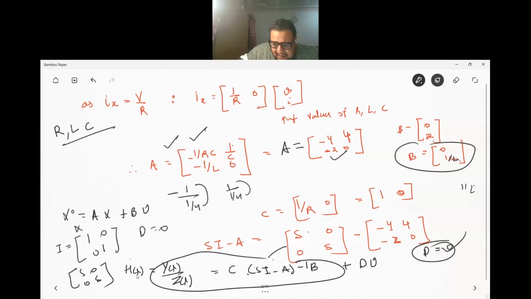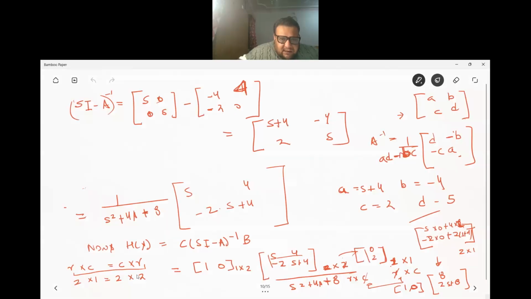First I have to calculate sI minus A. This value comes out to be 0 minus of minus 4, so S plus 4 will come. Then the second, 0 minus 4, so minus 4. Then the third value, 0 minus of minus 2, so 2. S minus 0, so S will come. So you got sI minus A.